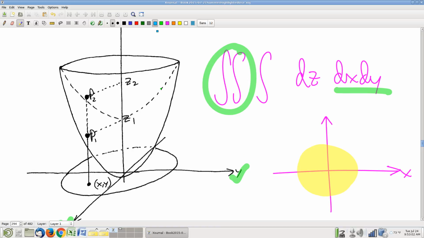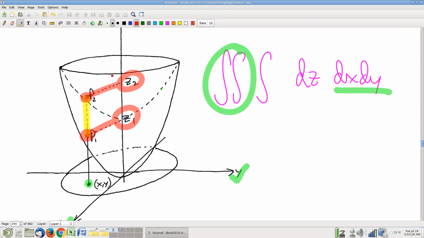So here we are. Here's a particular x and a particular y, and for that particular x and particular y, there's our x slice of our y slice, and I want to know the range of values of z. So this point tells me the lower bound for z. This point tells me the upper bound for z. Conveniently, those points are on surfaces for which we already know the equations.